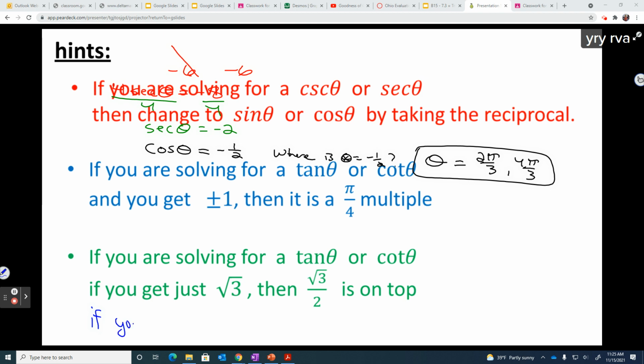If you get radical 3 over 3, then 1/2 is on top. That might not make that much sense right now, but I'll explain it later.